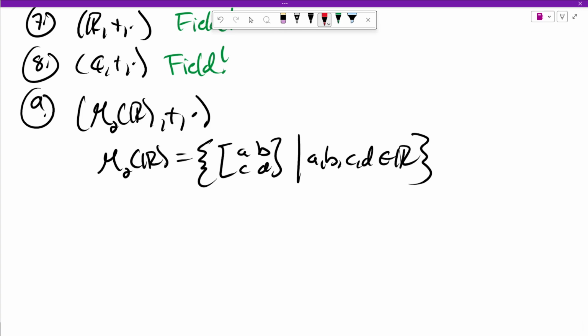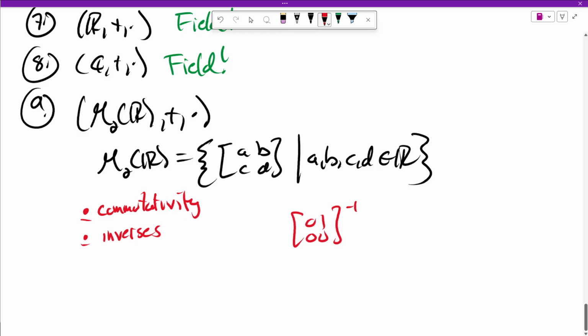Now let's look at multiplication. It fails commutativity. It fails to have multiplicative inverses, because something like the matrix 0, 1, 0, 0 has no inverse.